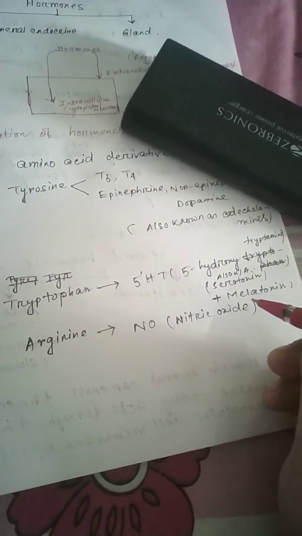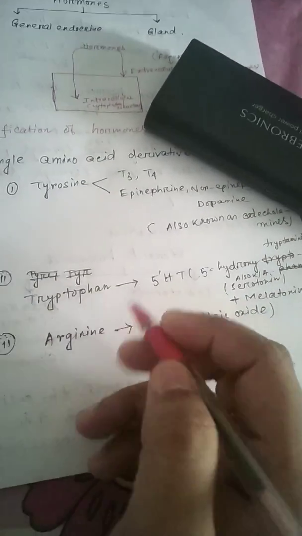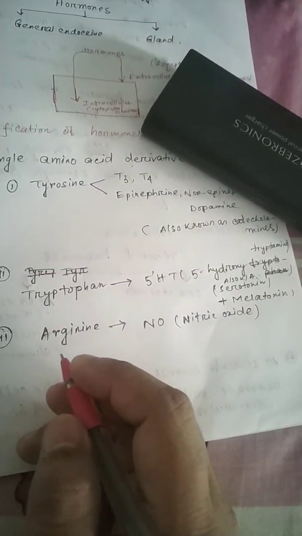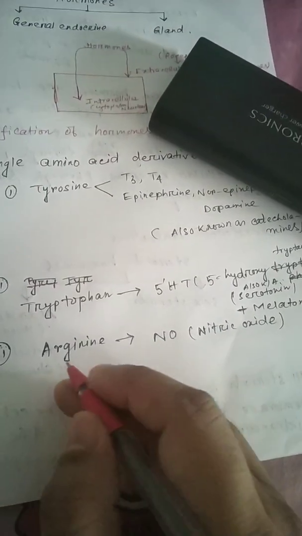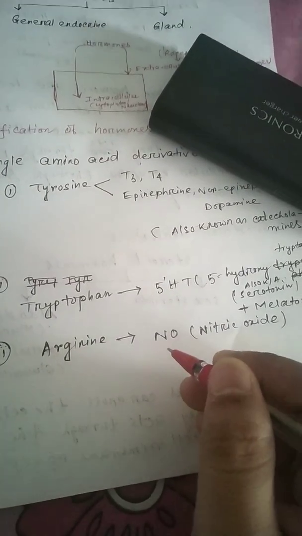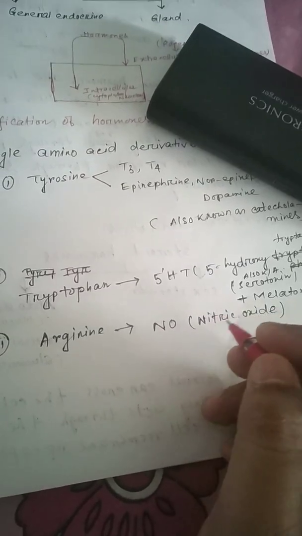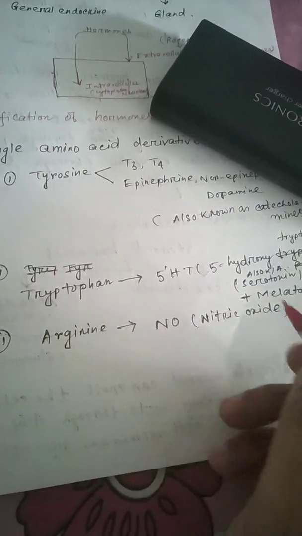Other hormones like melatonin are also derived from tryptophan. The most important is arginine. Arginine produces nitric oxide. Nitric oxide is derived from the single amino acid arginine.